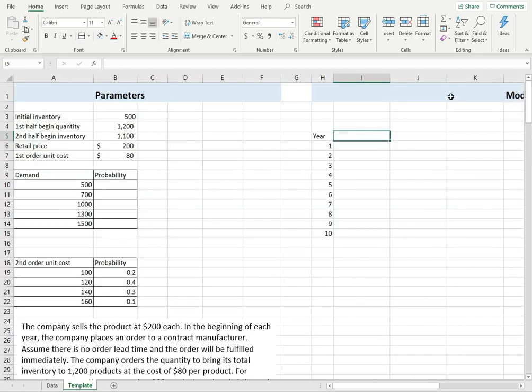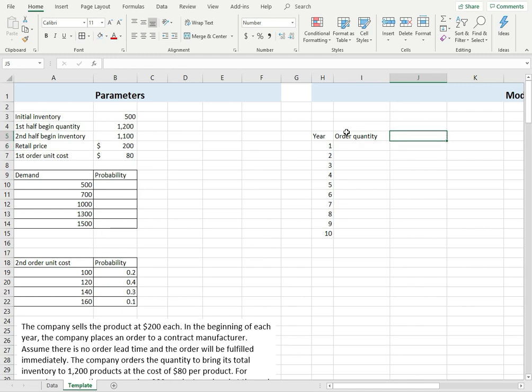Now let's think over the course of a year and find out what the sequence of events is. At the beginning of every year, the company needs to place an order. The order quantity is the quantity such that the available inventory comes to 1200. So the first thing I need to do is place an order, and I'm going to record the order quantity of this order.